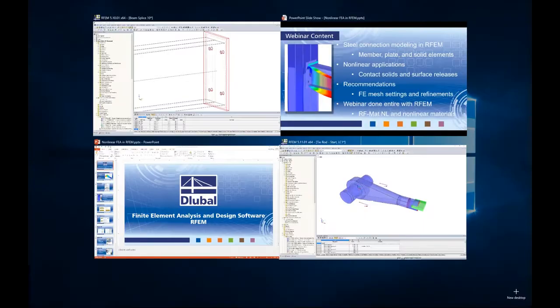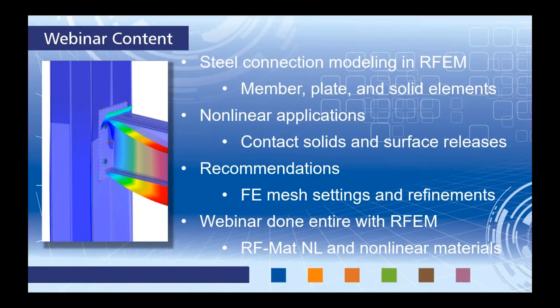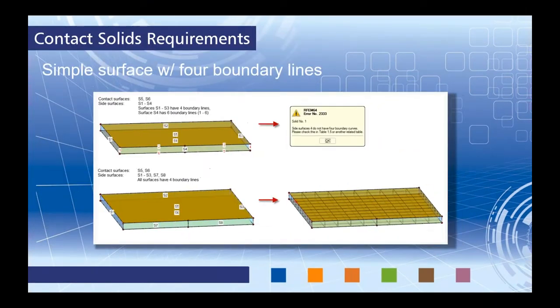So I want to jump back to the PowerPoint to discuss a few recommendations and requirements for contact solids. The first being that a contact solid must be a simple surface with 4 boundary lines. So with this picture shown here, you'll notice that here is my first contact solid, but on the longer edges, I have line 2 and line 3 for the top surface and line 6 and line 5 for the bottom surface.